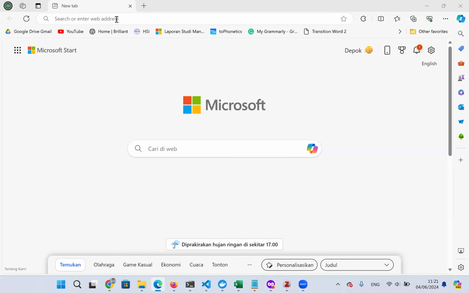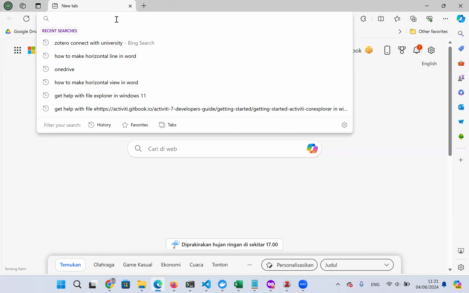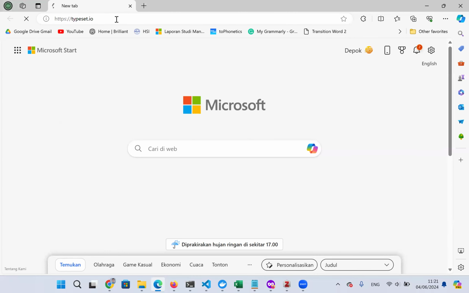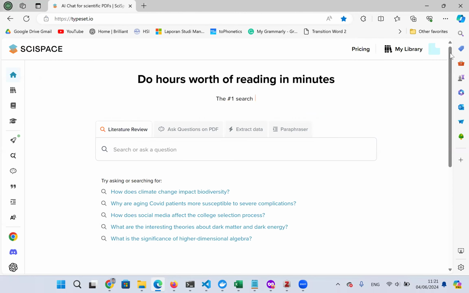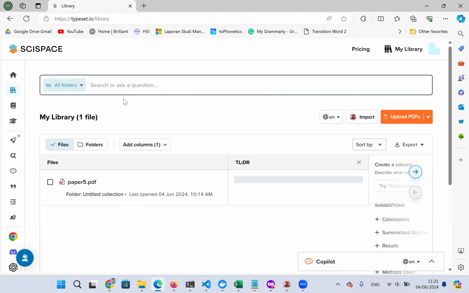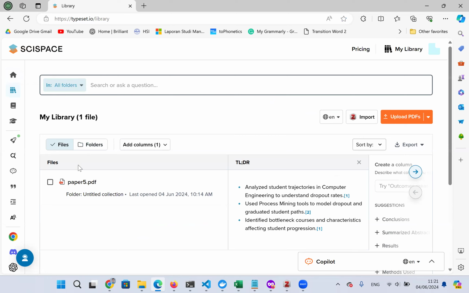Here we are in the Edge browser. If we want to use AI to extract data, we can open typeset.io first. I have logged in; this is just the free version. Then we put a research paper PDF in it.